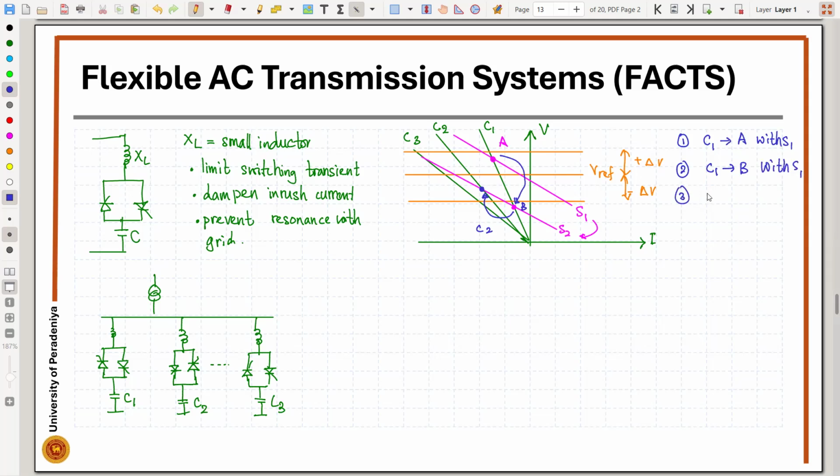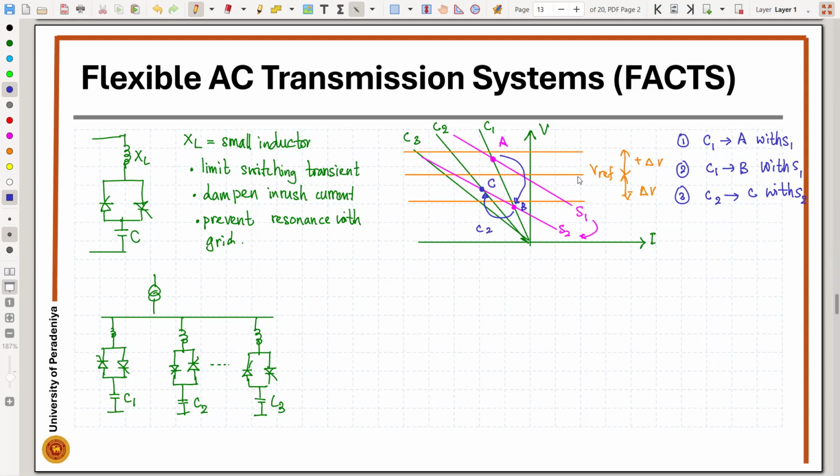In the third one, C2 at point, I will mark this as point C, with S2. So we are going to point C with S2 and capacitor C2. Thereby you can see that we can vary the operating point on the network. So that's the thyristor switch capacitor, where we can control the amount of reactive power.